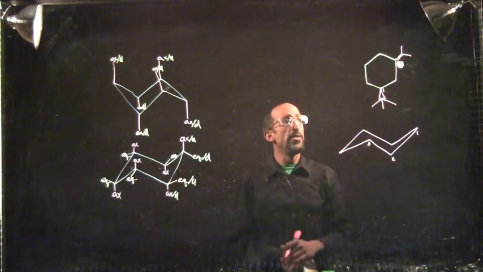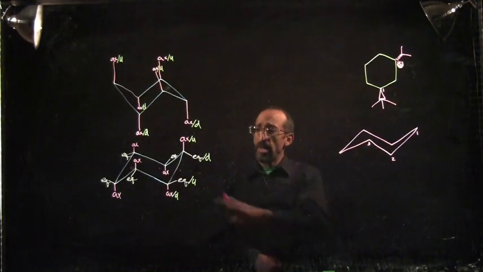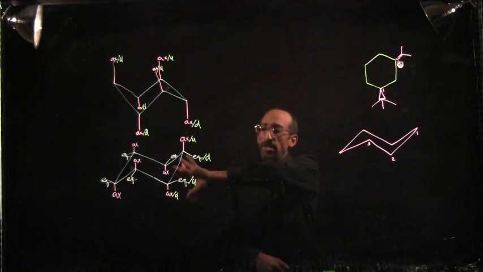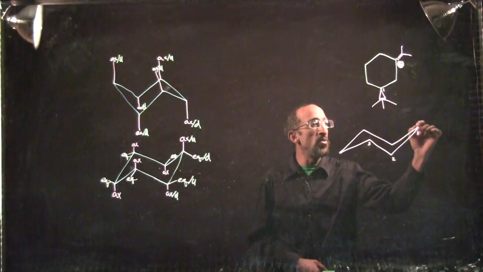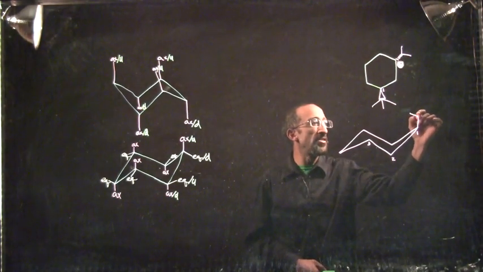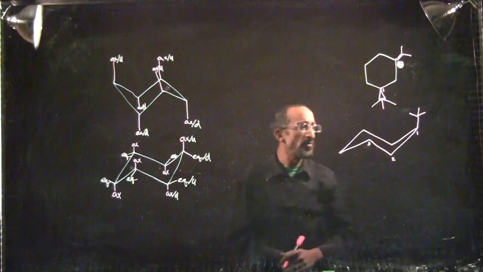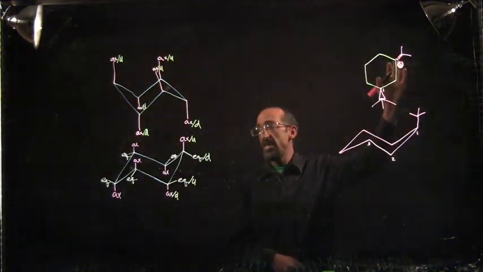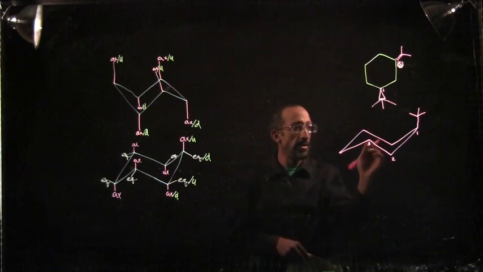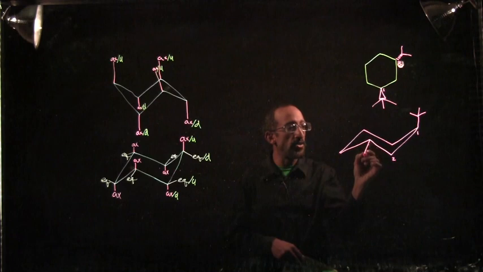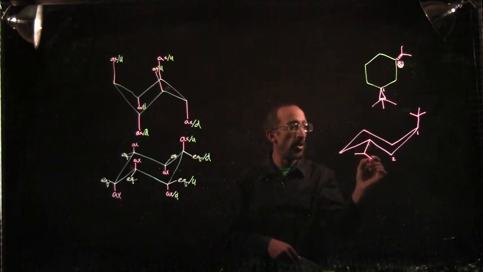So at carbon 1, we have a tert-butyl group up. If we refer back to this guiding diagram for the conformer we're drawing, we'll see at carbon 1, our group would be axial up, and at carbon 3, down would be equatorial down. So here at carbon 3, we have our isopropyl group equatorial down.